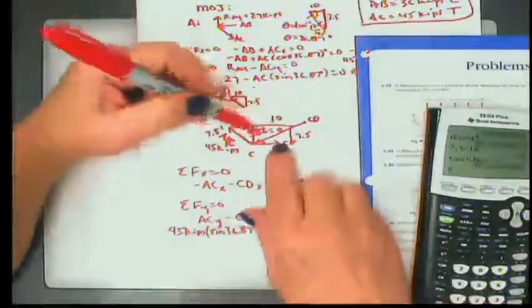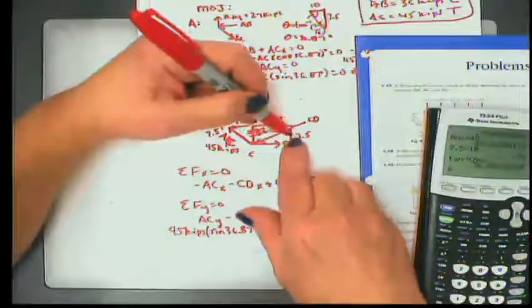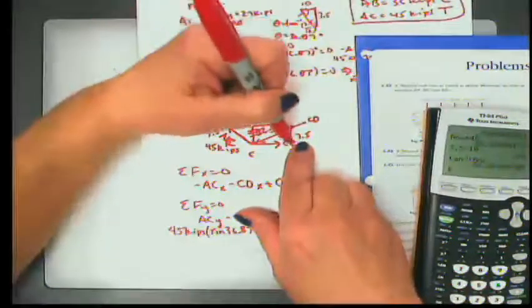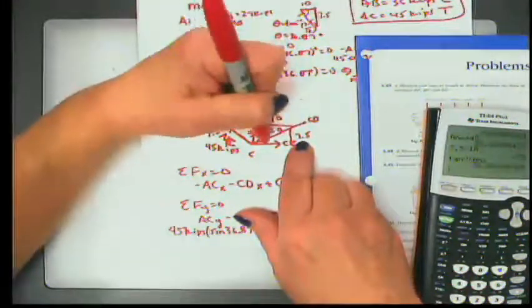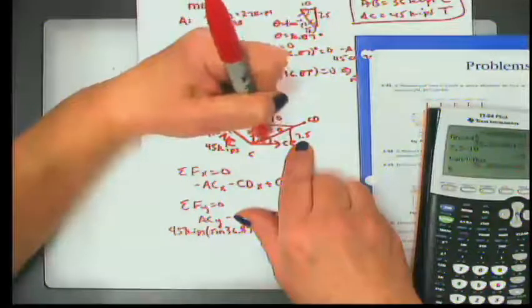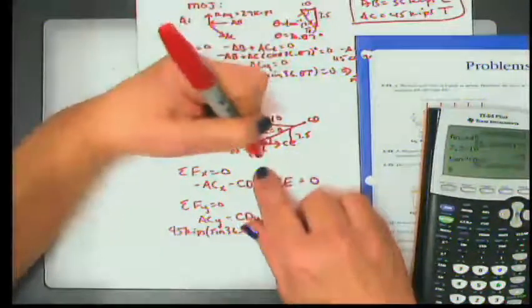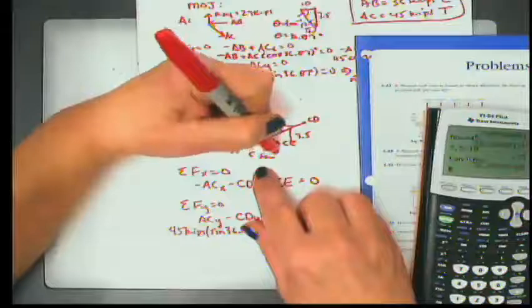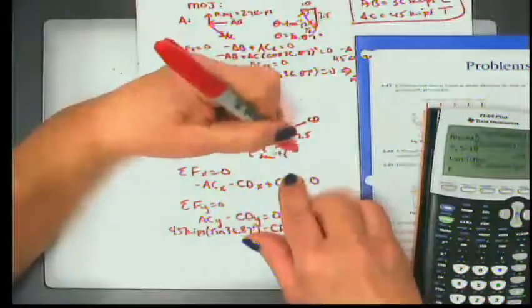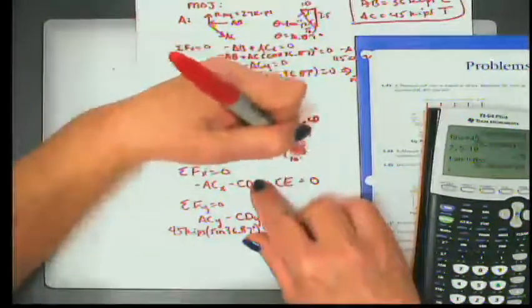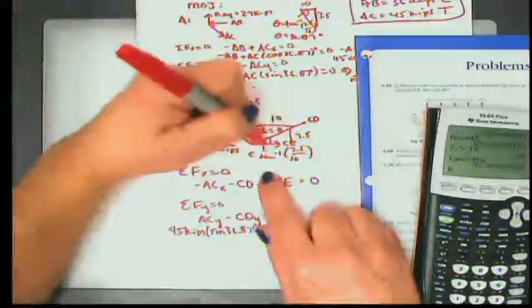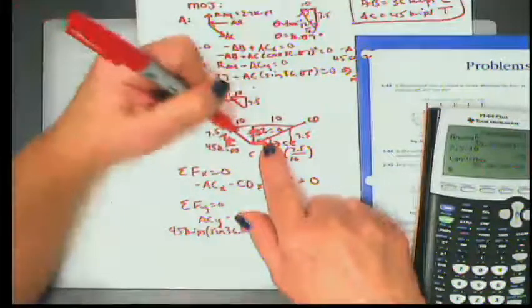And now if we look at our triangle for CD, the component in the y direction, let's say for this angle, the tangent of this angle is going to be the opposite over the adjacent. In other words, this angle is exactly the same as this angle.